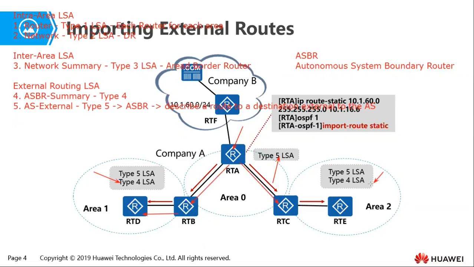So the area border router will forward the type 5, but also create a new type of LSA, which is known as the type 4 LSA.